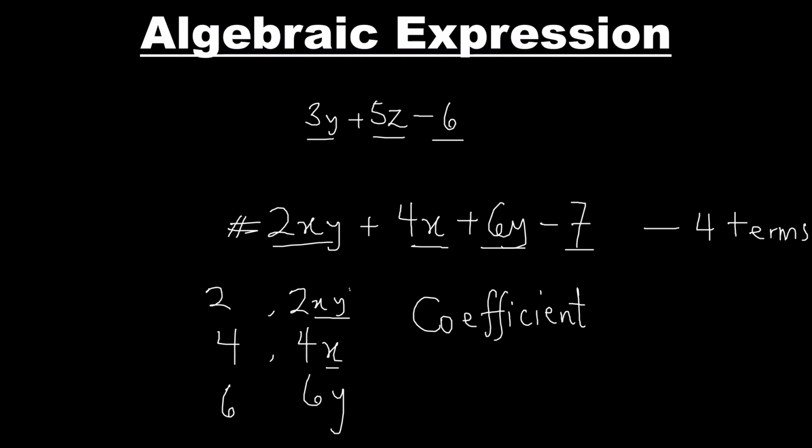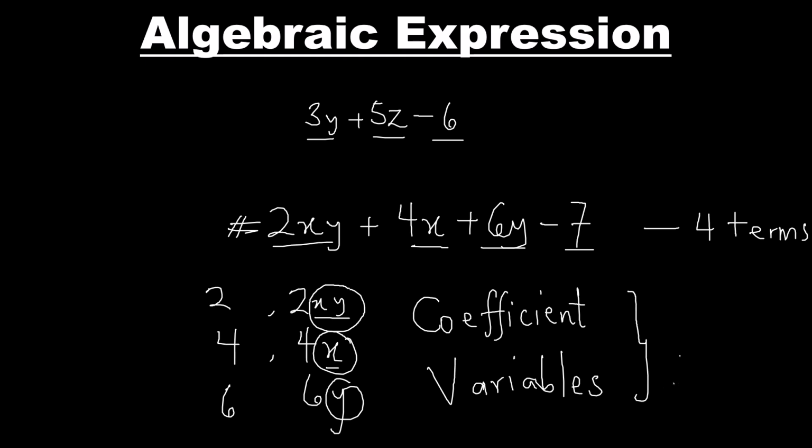Now the alphabets x, y, x, and y are known as the variables. So they are the unknown values in the algebraic expression. And in more simple terms, when you hear about a variable, think of them as some values that vary.